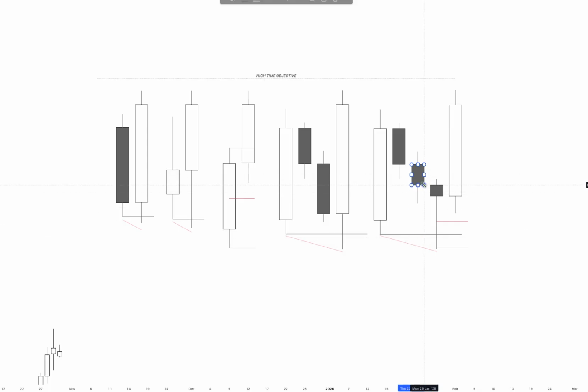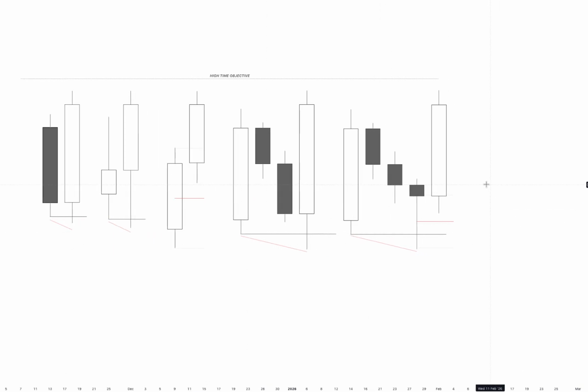So I just wait for the extreme point to get manipulated or traded into, so I can look for the next day and look for the daily profile to confirm my bias.